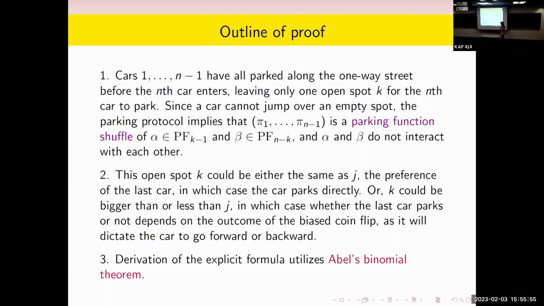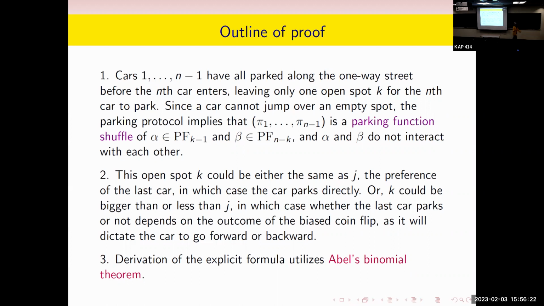The derivation of the explicit formula utilizes Abel's binomial theorem. So we will present Abel's binomial theorem. But before that, let me mention that all of these can be generalized. You can consider, for example, the last 2 cars or last many cars. And then instead of Abel's binomial theorem, it could be Abel's multinomial theorem, and instead of doing a shuffle, you will do a multi-shuffle.